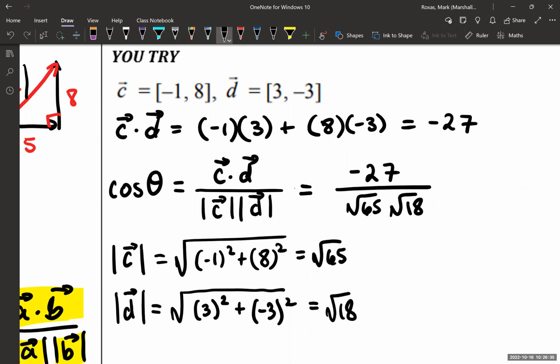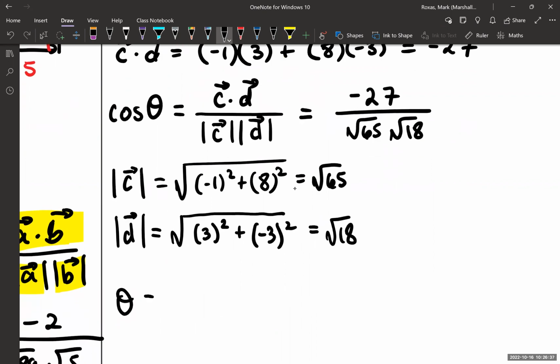And theta would then be the inverse cosine of all of that, -27 over the square root of 65 times the square root of 18.